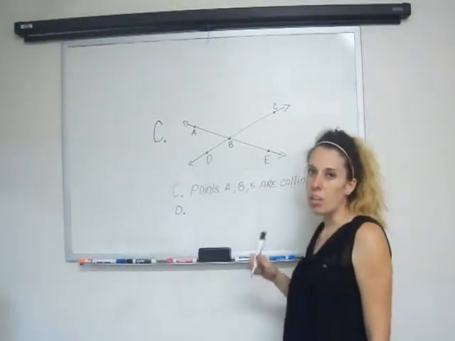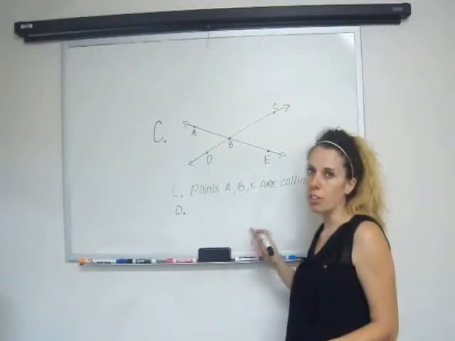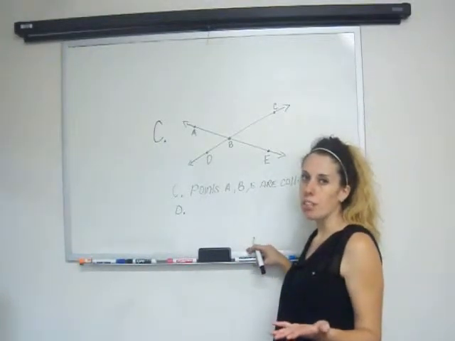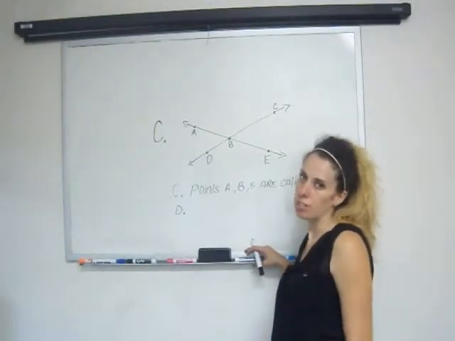And then it says name 3 other points that are non-collinear. So non-collinear means 3 points that are not on the same line.